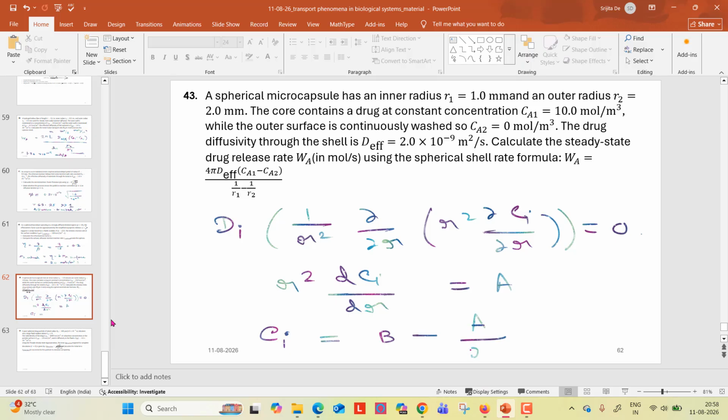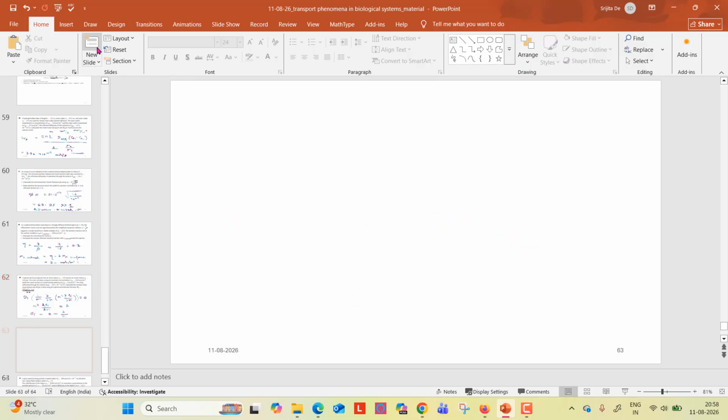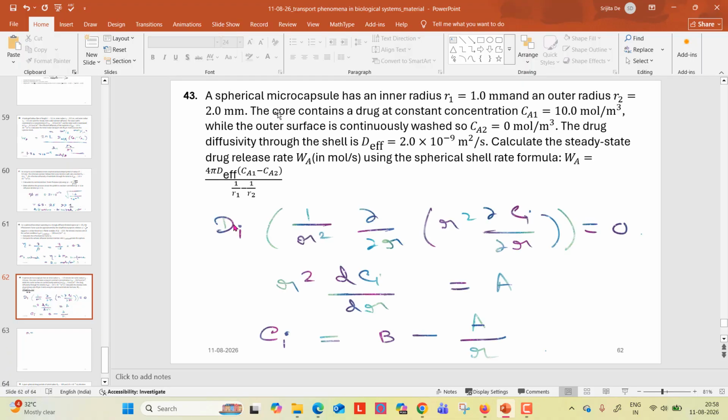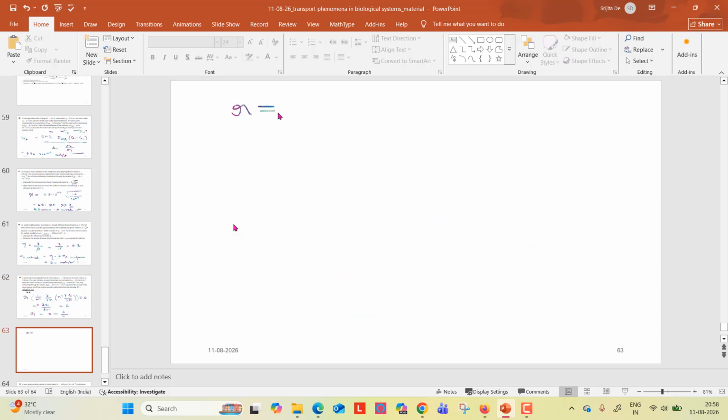Now if you take the boundary conditions, what are those? At r equals r1, Ci equals Ca1, and at r equals r2, Ci equals Ca2.